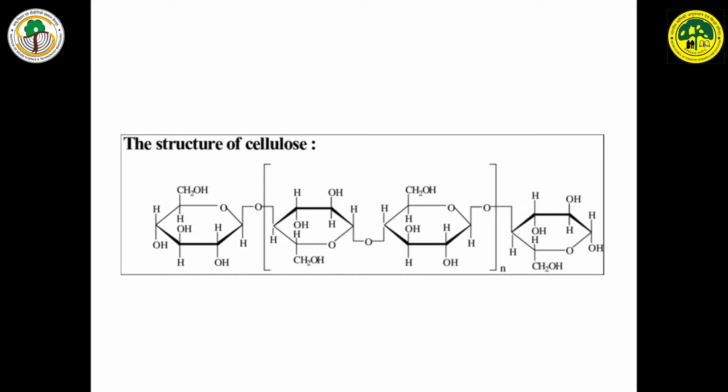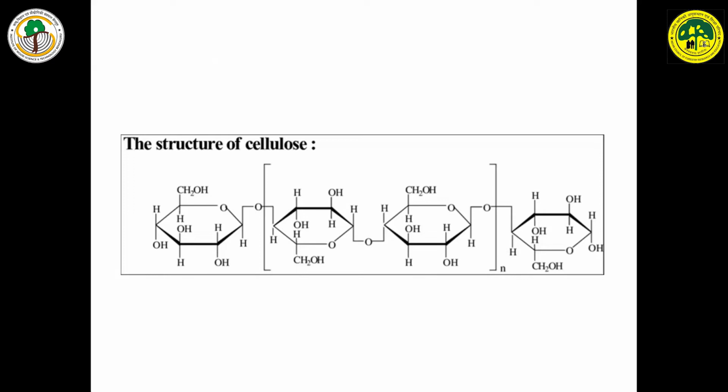This is actually the structure of cellulose. In the structure of cellulose, we observe the beta glucose units. What is shown here are the beta glucose units. Four beta glucose units are represented here, and two of them, with the n value, are also called cellobiose. These have an inverted configuration.